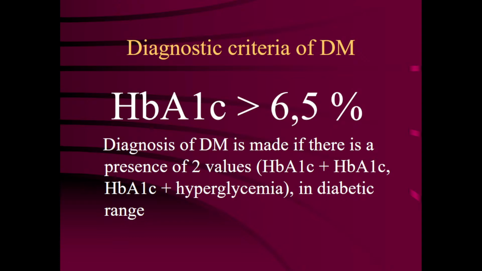And if there is a combination of the increased concentration of glycated hemoglobin and increase of glucose concentration, hyperglycemia in other words, it also can be used as criteria of diabetes mellitus. So you can make such diagnosis. You can confirm diagnosis of DM.